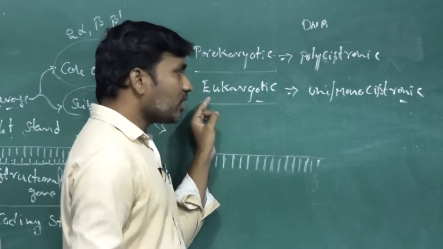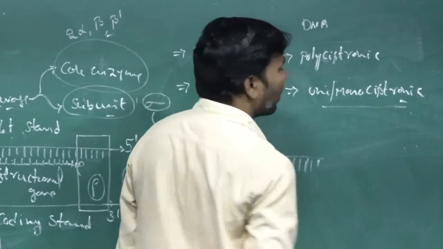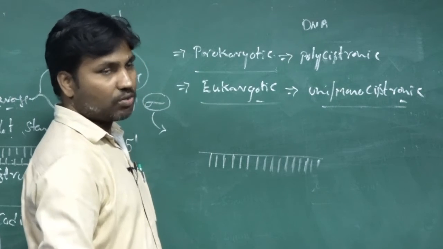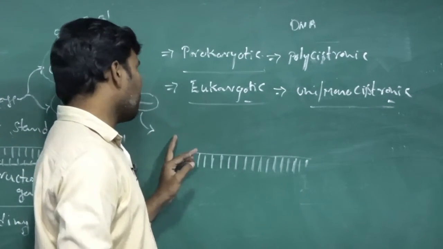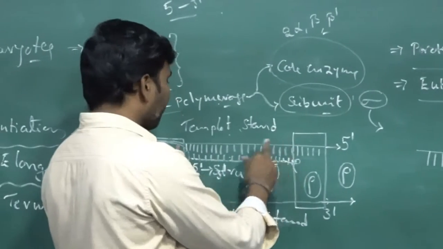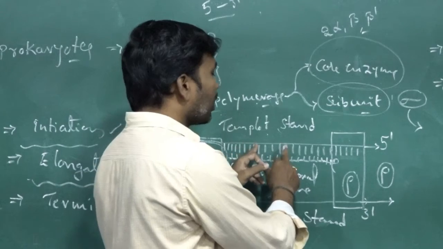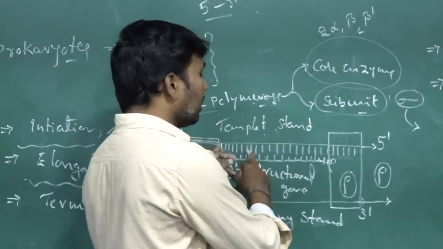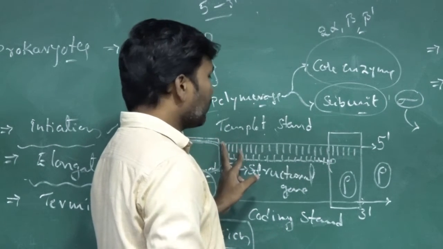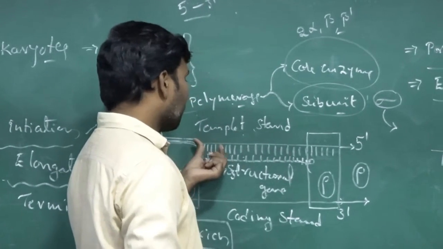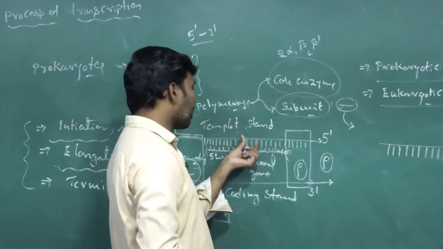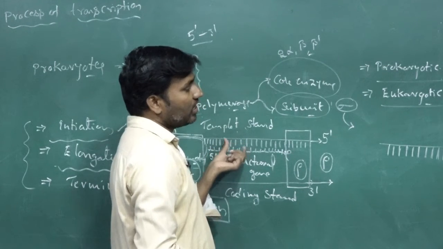In the case of eukaryotes, monocistronic mRNAs are synthesized based on the DNA sequences. How and why? In eukaryotes, the structural gene position has both coding and non-coding DNA. That means in the structural gene, some nitrogen bases code for a specific amino acid, and some do not code for any specific amino acid.